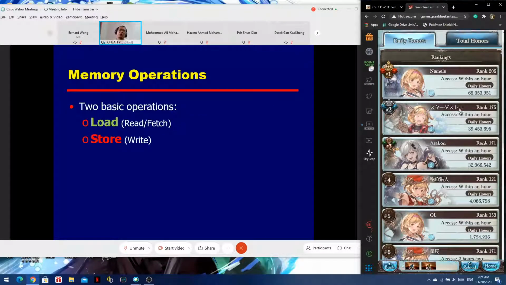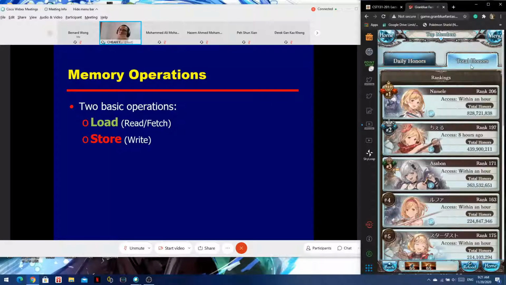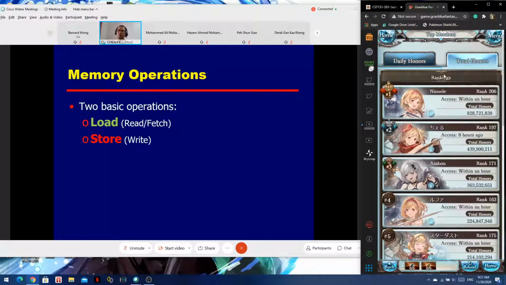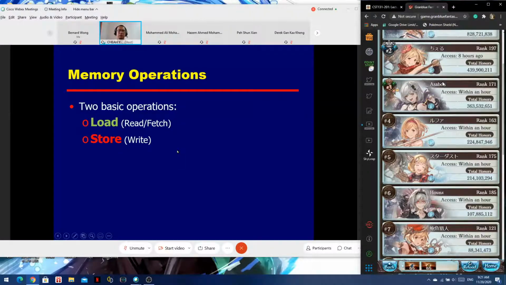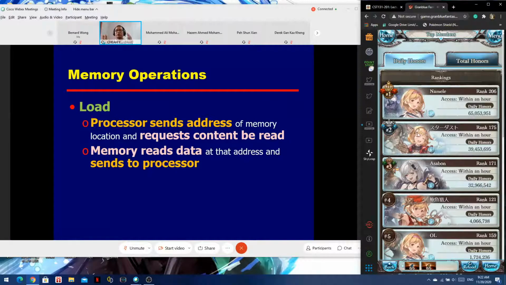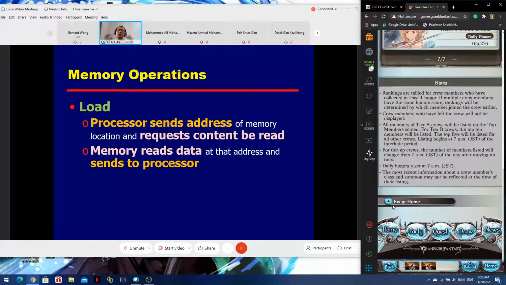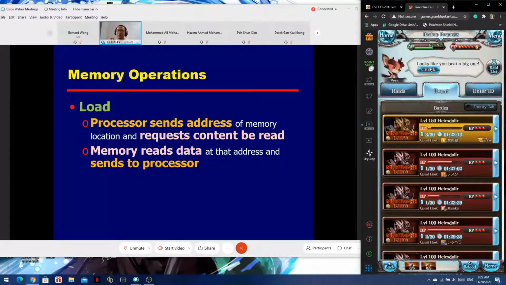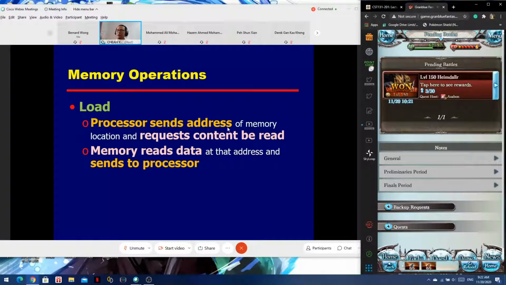Storing means that after you have done some processing, you store the result back to memory, which is basically a writing process to the memory. Loading here refers to the processor sending an address. The address is very important when you talk about memory operations. So the processor sends an address and requests a content to be read from memory.